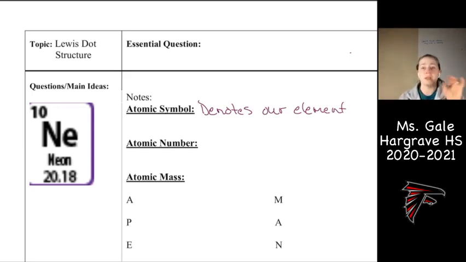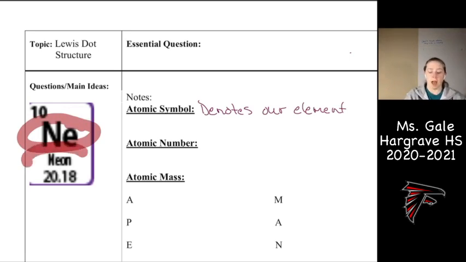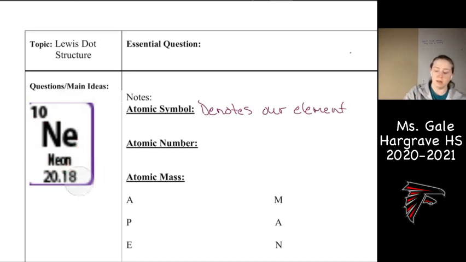So I would just do CA for California. Or neon. I'm efficient with my time. I know neon has Ne for its atomic symbol. I don't have to write the whole name out. So the atomic symbol is just the letters that denote our element.